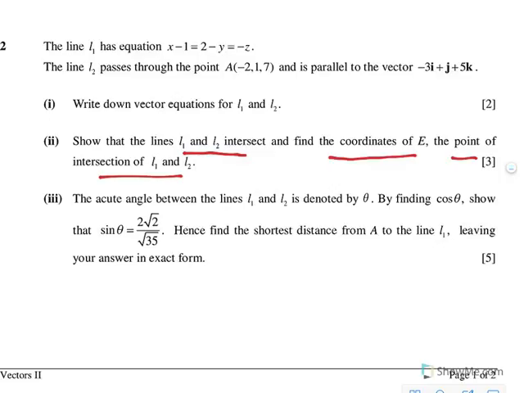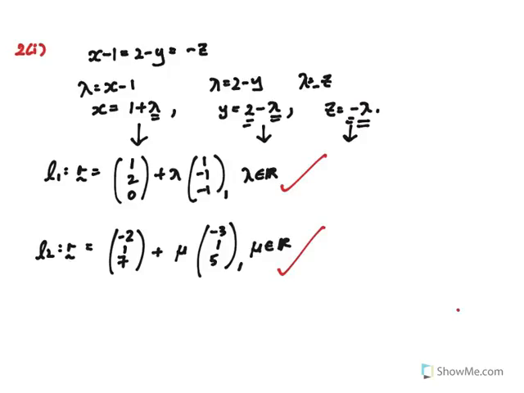To show parallel, you check the direction vectors of both lines and see whether they are scalar multiples of each other. To show that they intersect, you can equate the equations and show that there is a point of intersection that satisfies both equations of the lines. That's what we will do.